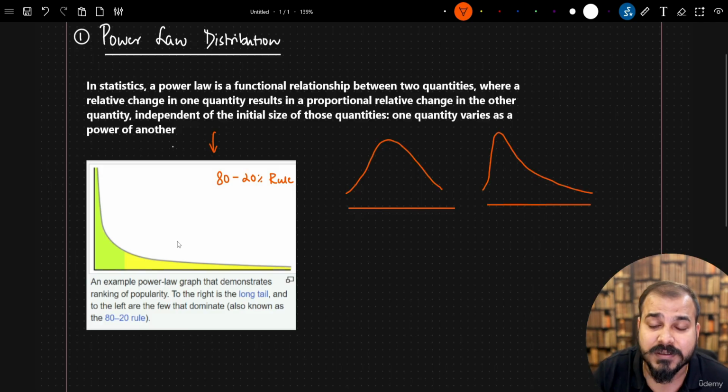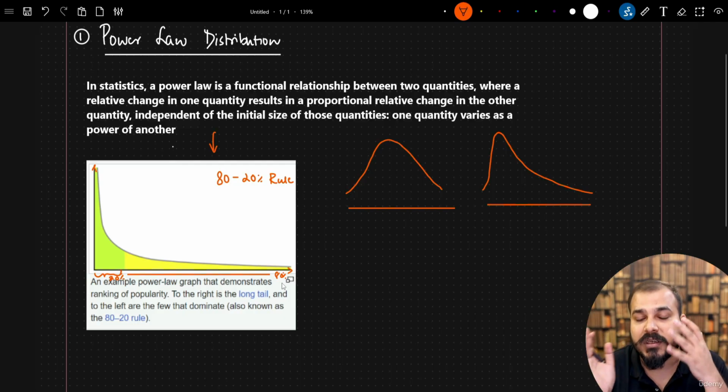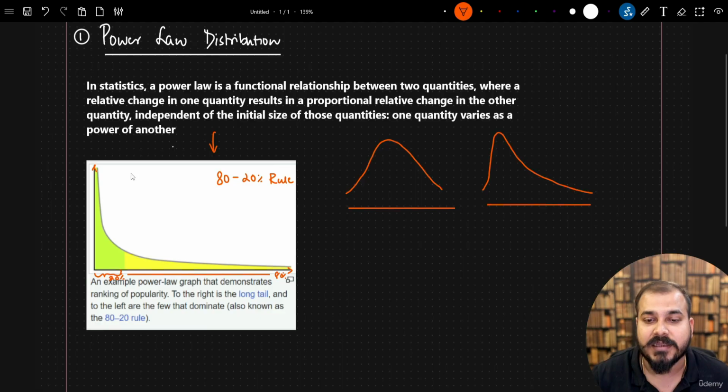Now, why is this curve following a power law distribution? It follows this 80-20% rule. Now, what is this 80-20% rule? You can see with respect to this variable and this variable, the relationship between them is like this: this is first of all covering 20% over here, and the remaining is covering the 80%, right? So here you can clearly see how this 80-20% rule applies to two variables present on the x and y axis.